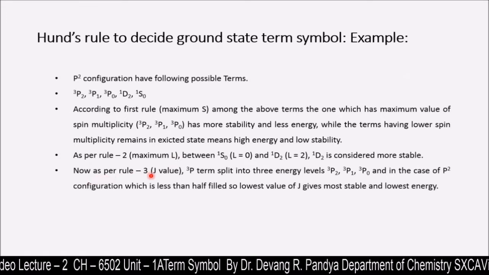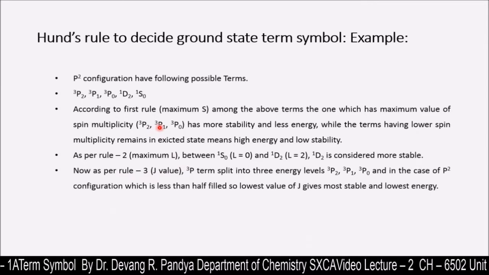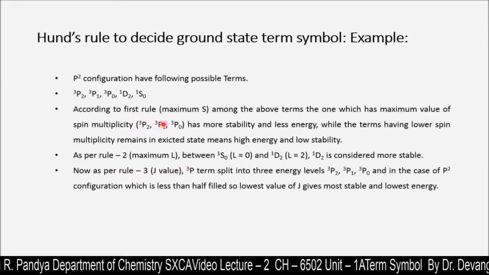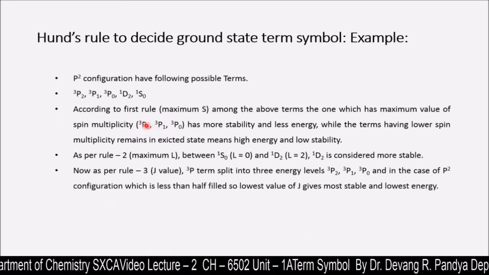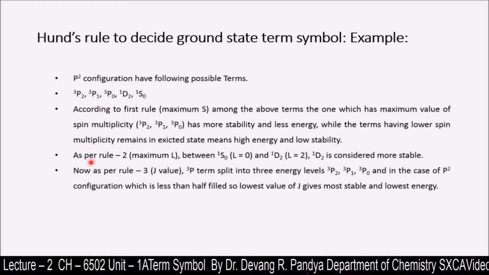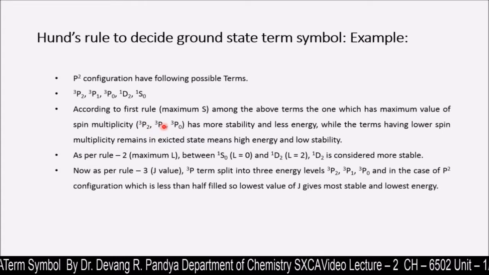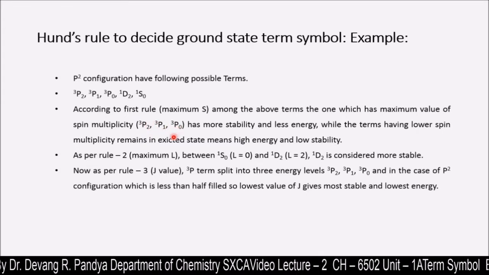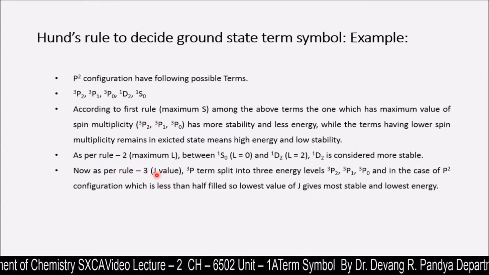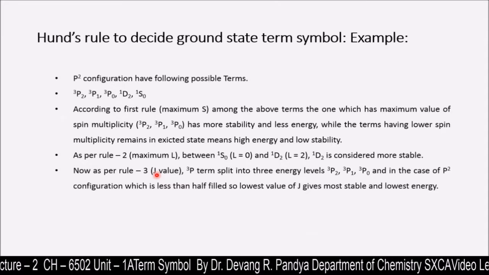Now as per rule 3, the value of J: triplet P2, triplet P1, triplet P0, all three are triplet, triplet, triplet, that means spin multiplicity is similar, and P, P, P means the value of L is similar. So rule 1 and rule 2 cannot be applied to separate the energy ordering of this set, and for that we can take help of rule 3, that is the value of J. What is J? As you know, it's the spin orbital angular momentum quantum number.